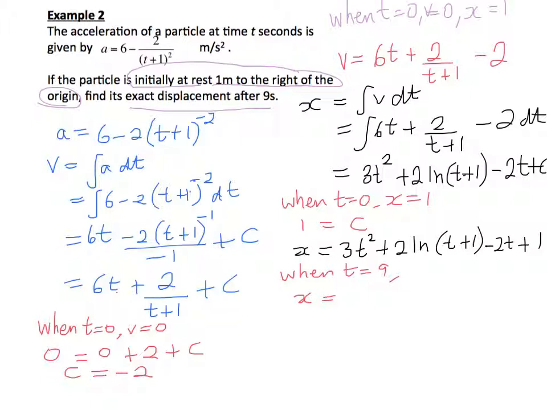So that becomes 3 times 9 squared plus 2 times the log of 10 minus 2 times 9 plus 1. And that equals, it says exact displacement, so that's going to be 226 plus 2 log 10.